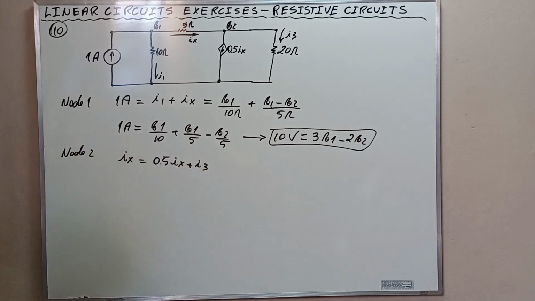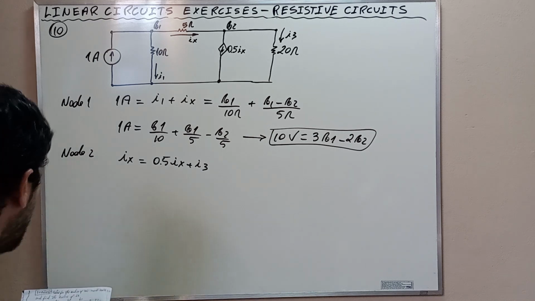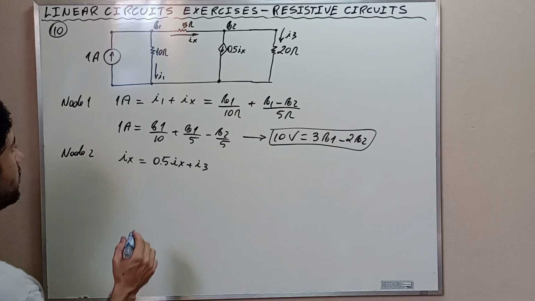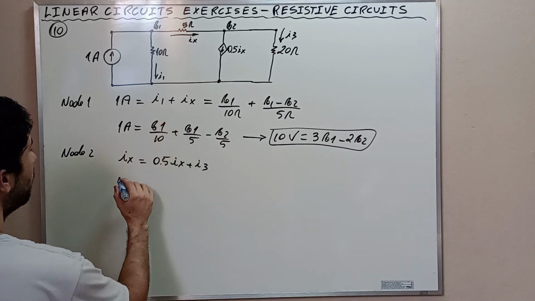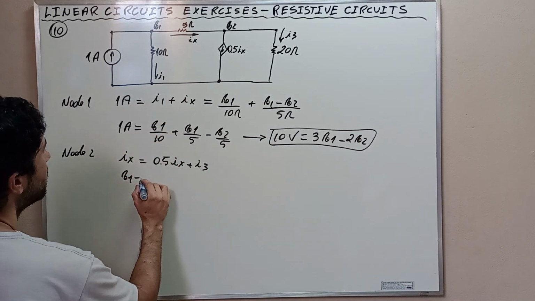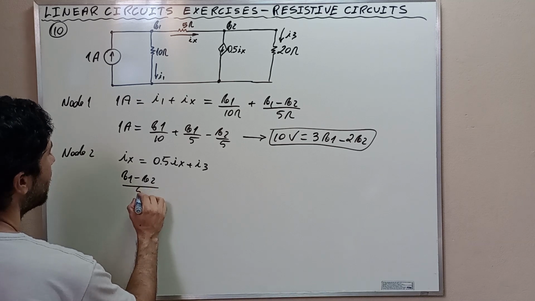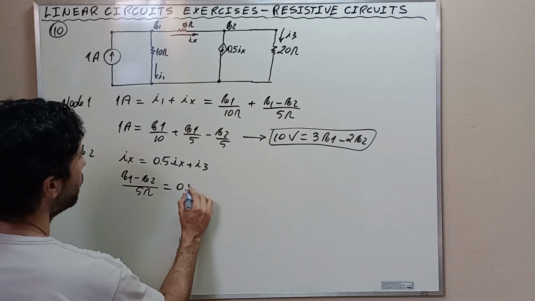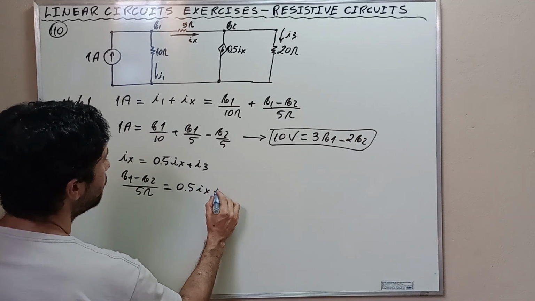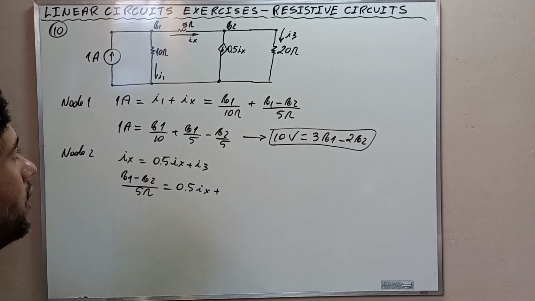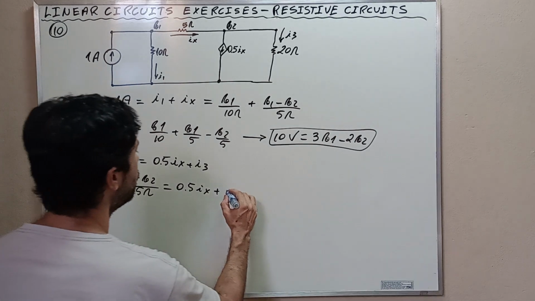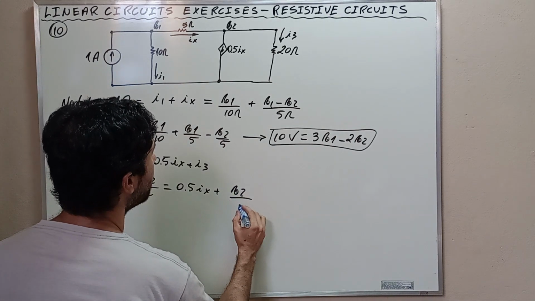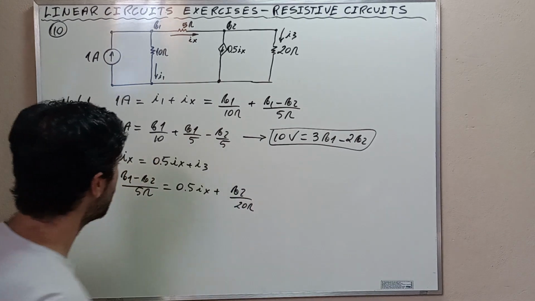Okay, my friends, this is the equation representing node 2. Ix can be written as we did before, V1 minus V2 divided by 5 ohms is going to be equal to 0.5 Ix plus I3, and I3 is equal to V2 divided by 20 ohms, alright?